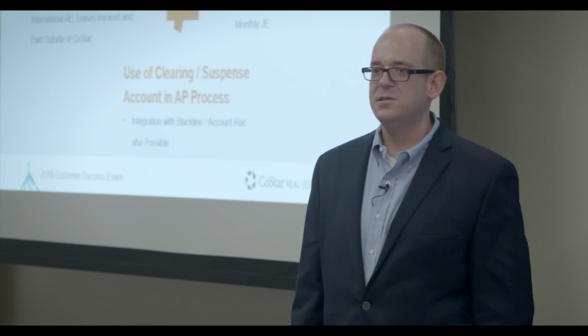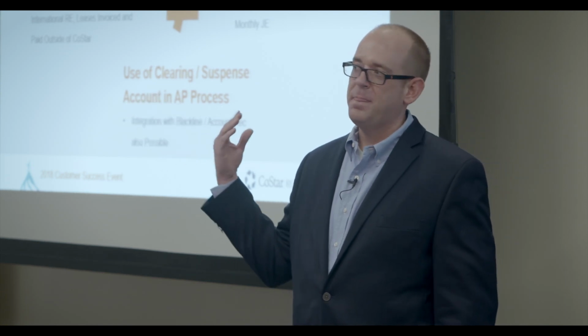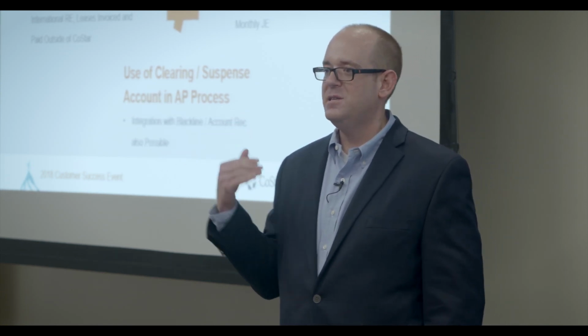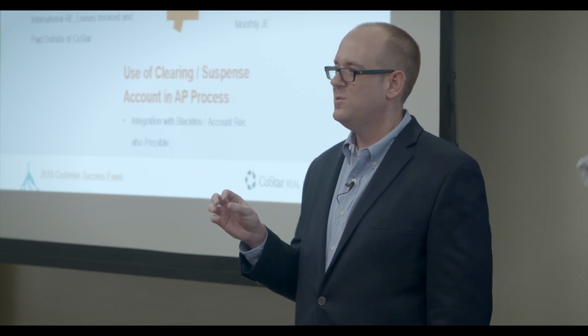And Mark mentioned the use of a clearing account, and that's just because when you send out that payment through AP, you can hit any account you want. You're not limited to rent expense. So a lot of companies are deciding, well, we don't want all that noise. The example I just talked through had a debit to rent expense, a credit to rent expense, and another debit for a different amount to rent expense.